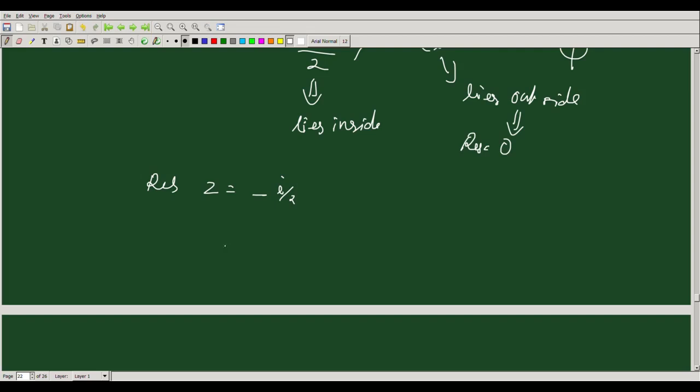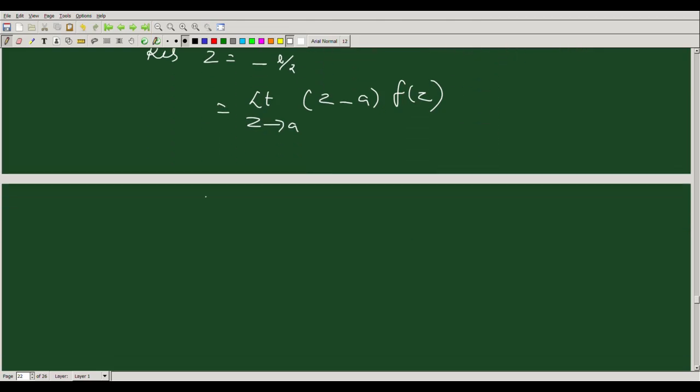The formula for residue is limit z tends to a, z minus a, f of z. So limit z tends to minus i by 2, z plus i by 2, your f of z.